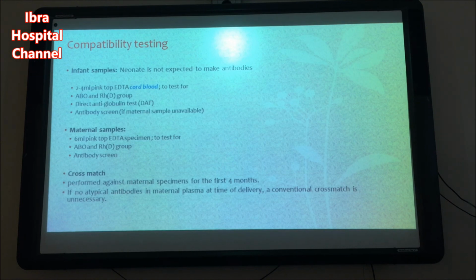But this should not delay the blood transfusion for the baby because you are waiting for the mother sample and she is somewhere outside the hospital. If the first sample from the mother is negative, then the subsequent sampling could be done with just a simple cross-match with the baby.